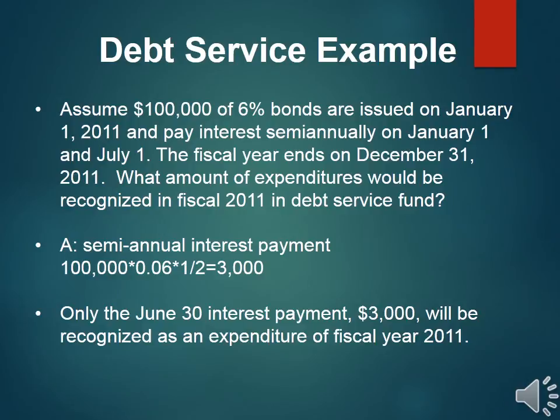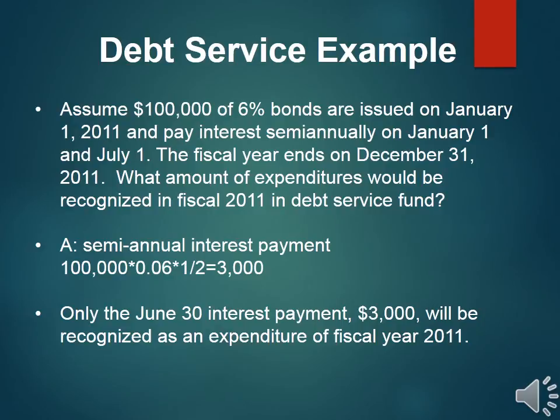Well, the answer to this is, first you need to get the semi-annual coupon interest payment. For that, you take the $100,000 face value, multiply by the 6% coupon rate, then multiply that by 1/2, since that coupon rate is an annual rate, to get the $3,000 semi-annual interest payment.